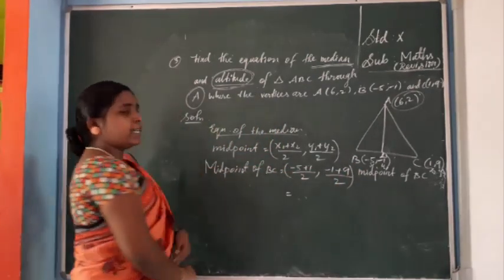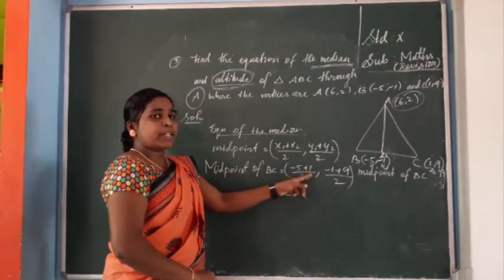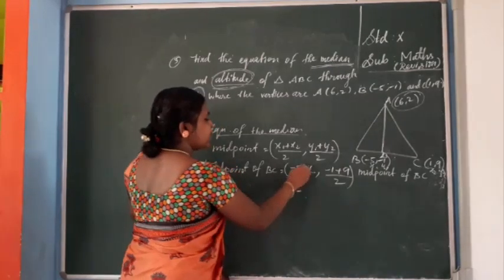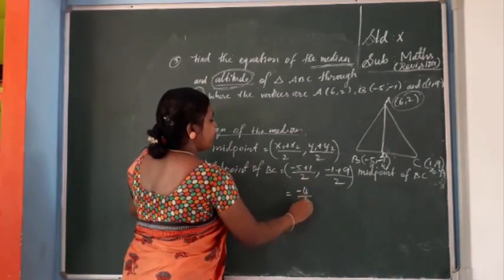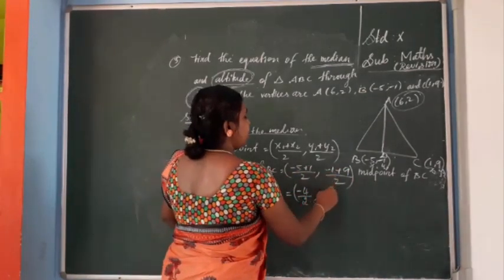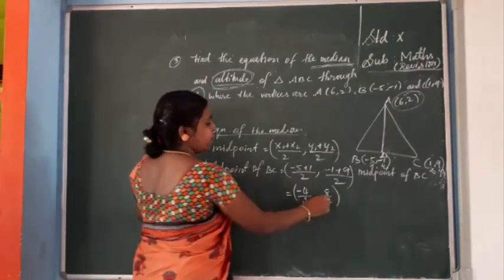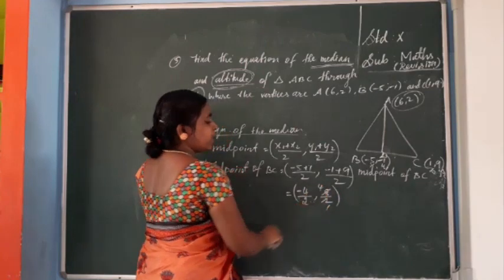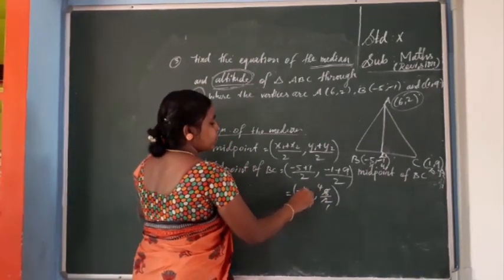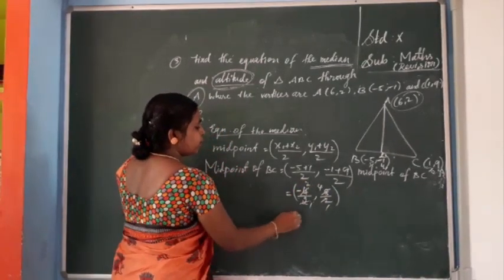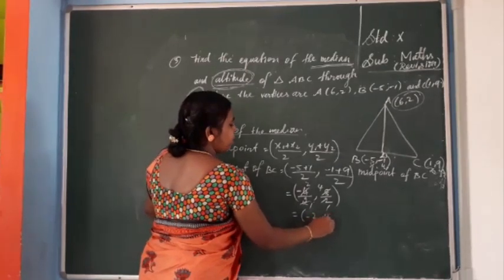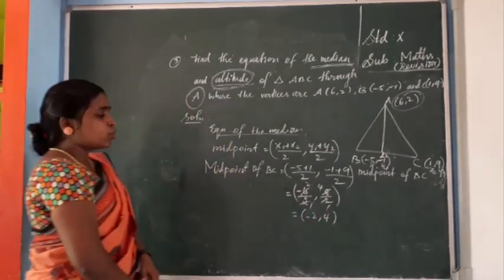Next, minus 5 plus 1 is minus 4, so minus 4 by 2, comma 9 minus 1 is 8 by 2. Now you simplify. 2 twos are 4, 2 fours are 8, equal to minus 2 comma 4.